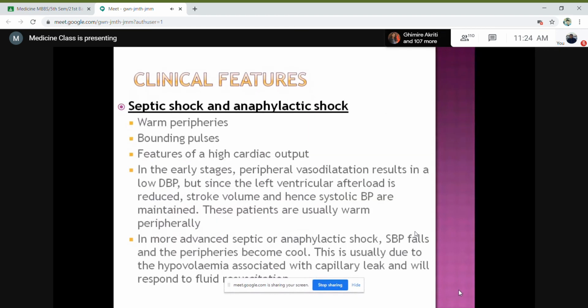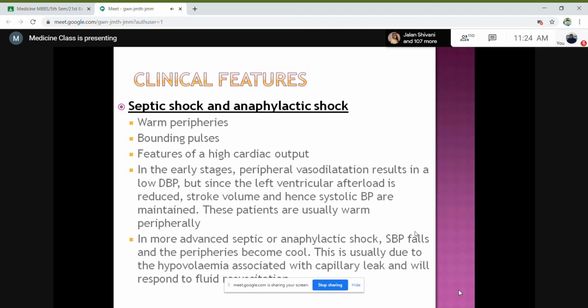And if the patient has septic shock or anaphylactic shock, the patient will have warm peripheries, the patient will have bounding pulse. So everything will be different if the patient has septic shock or anaphylactic shock. And features of high cardiac output will be there. In early stage, peripheral vasodilatation results in low diastolic blood pressure, but since the ventricular afterload is reduced, stroke volume and systolic blood pressure are maintained, and patients usually have warm periphery.